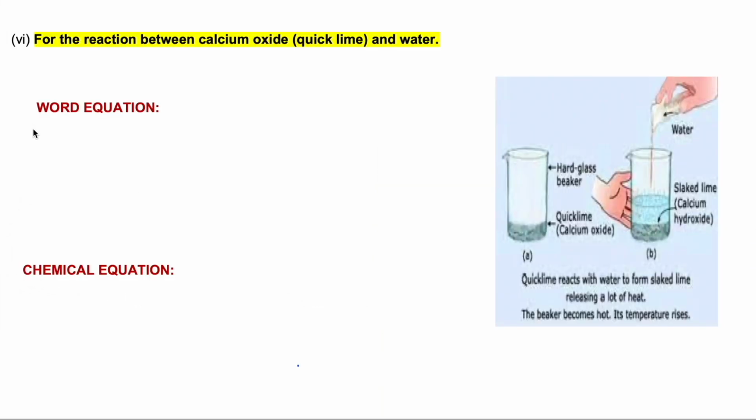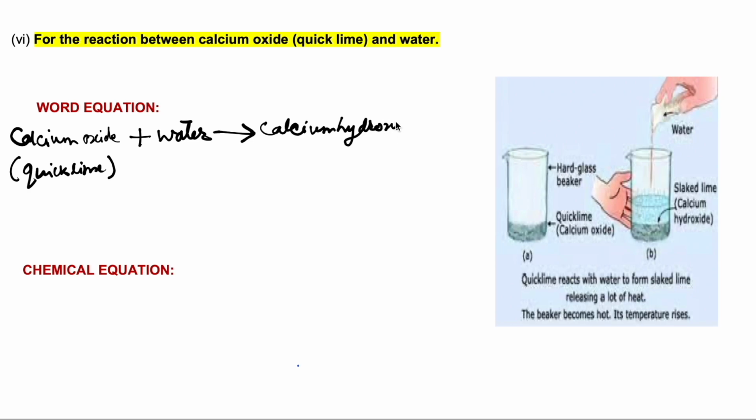So the word equation for this chemical reaction is written as calcium oxide, commonly called quicklime, reacts with water, it gives calcium hydroxide, commonly called slaked lime, and heat is released in this process.